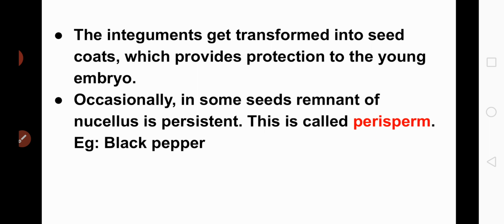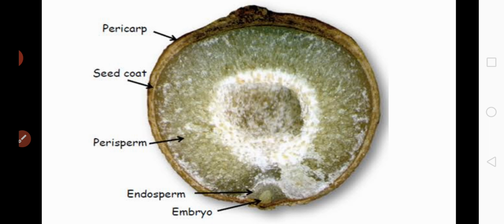So a portion of the nucellus is retained in the seed, and this remnant of nucellus is called perisperm. An example for this is black pepper, beet, etc.